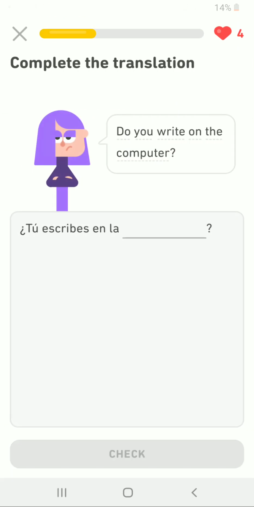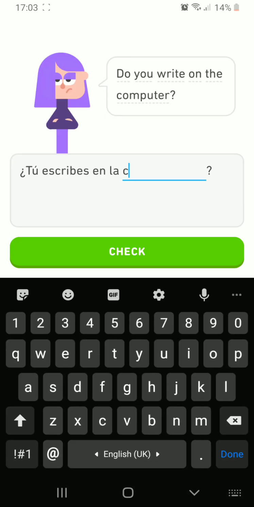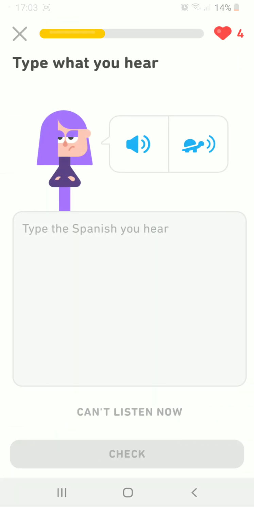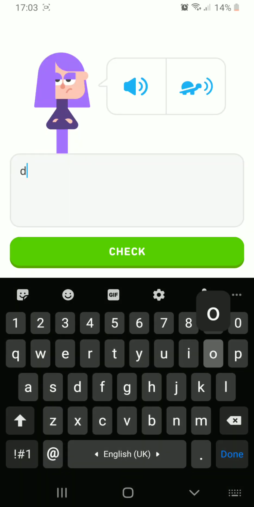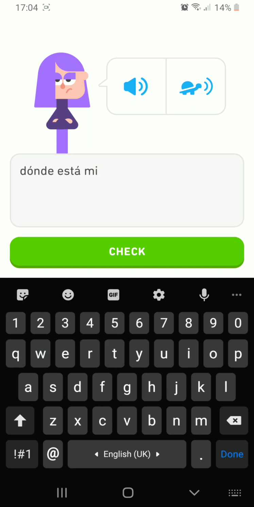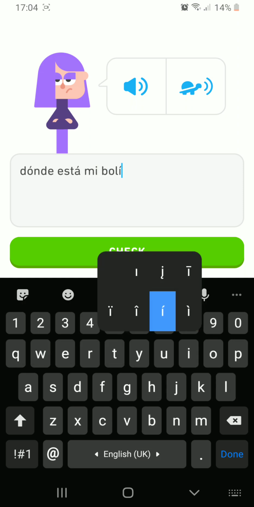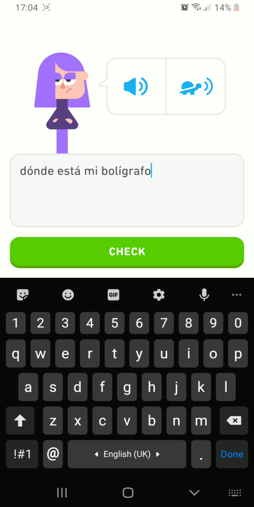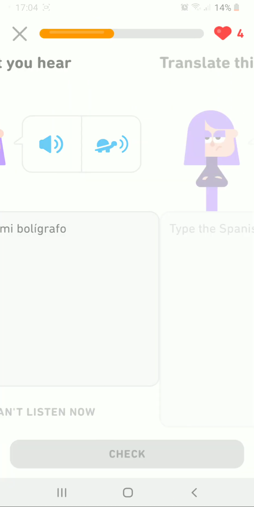Yes, it seems correct. Tú escribes en la computadora. ¿Dónde está mi bolígrafo? That's a pen.